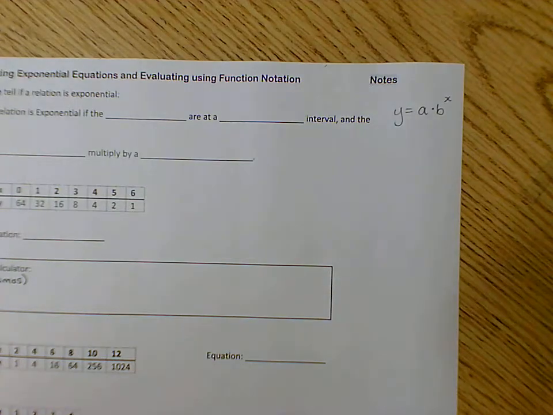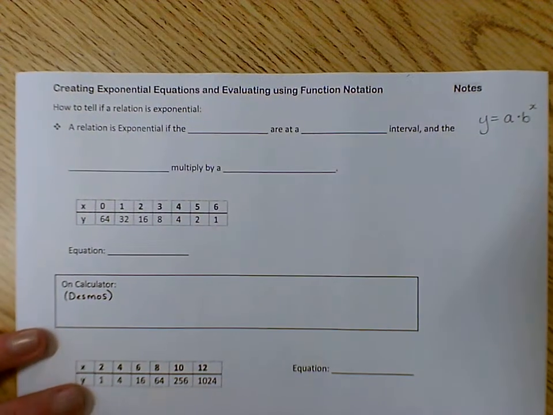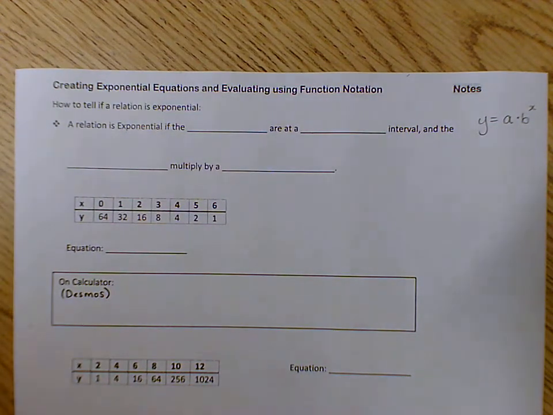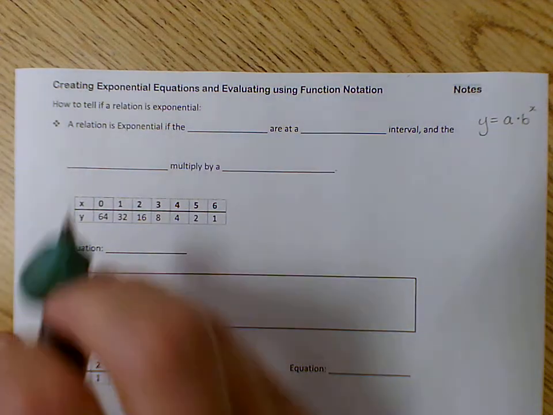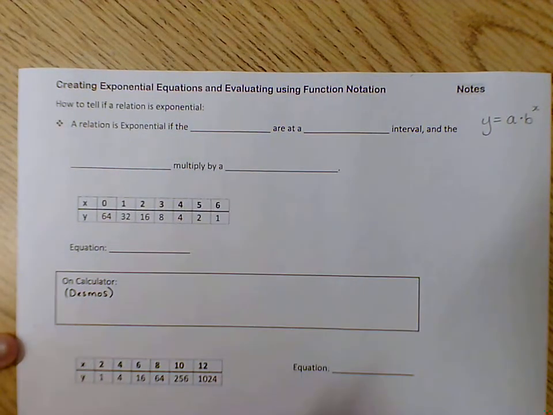So if you look at an equation and the x is in the exponent spot, then that would be an exponential function. Okay, so now what we haven't talked about yet is how to look at the table and know if it's exponential. That's what we're going to spend the majority of this video talking about, is how to look at a table and how to know if it's exponential.